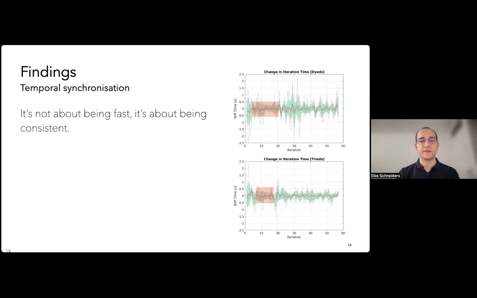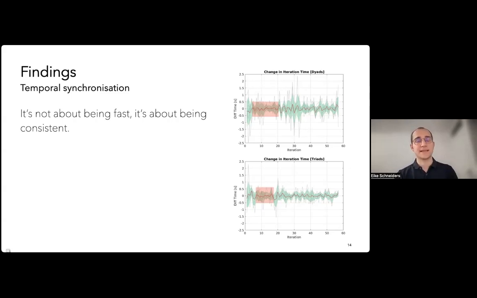As we can see for both configurations, after an initial period of high fluctuations, a norm in iteration duration emerges with reasonably low fluctuations of just 0.5 seconds, give or take, which is also what we saw in, for instance, the triadic video.